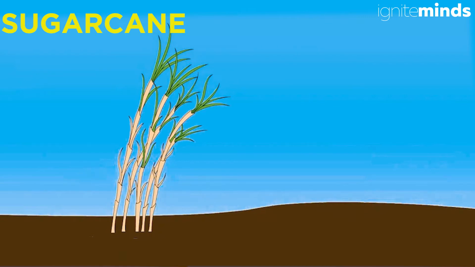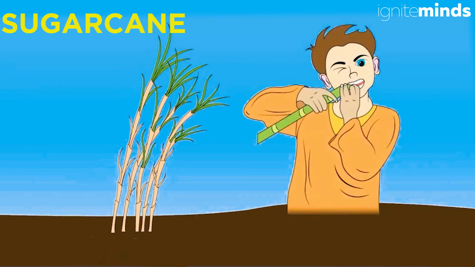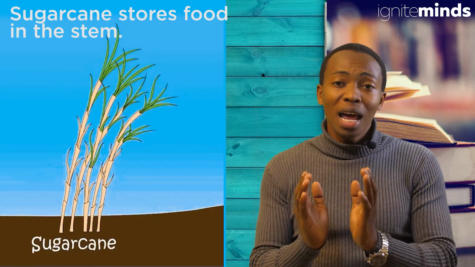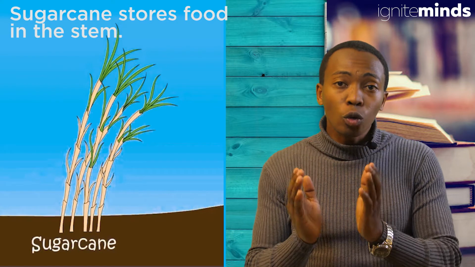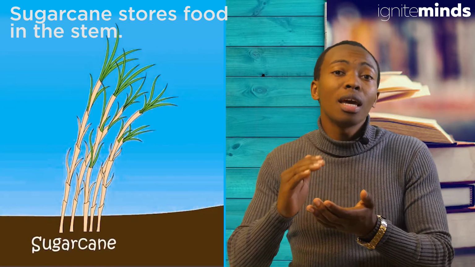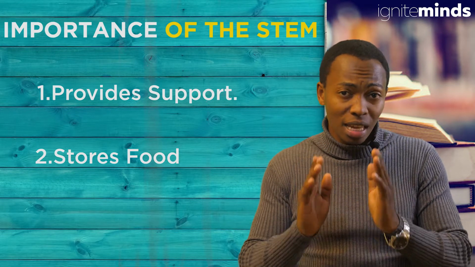Have you ever fought with your friend and you say, I want the stem part? Yes, because that's where the food is stored. That's where the plant stores its food. Or we can just say the sugarcane stores its food in the stem. Those are the two most important functions of the stem.